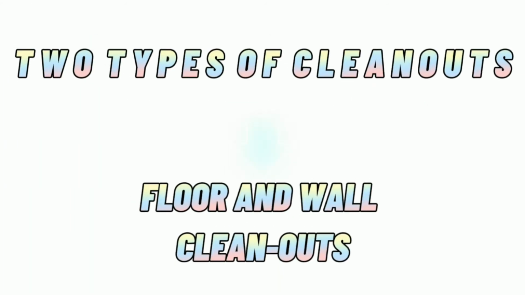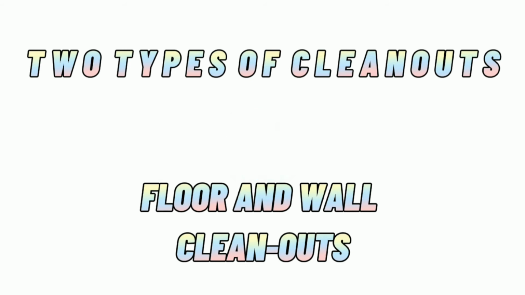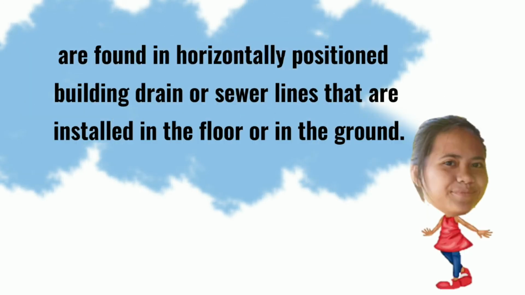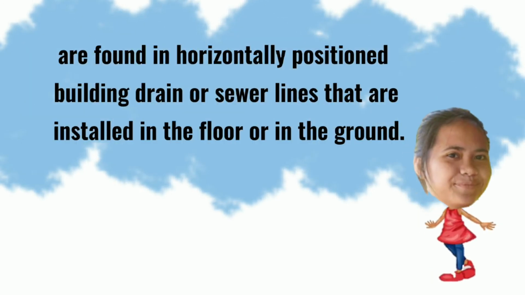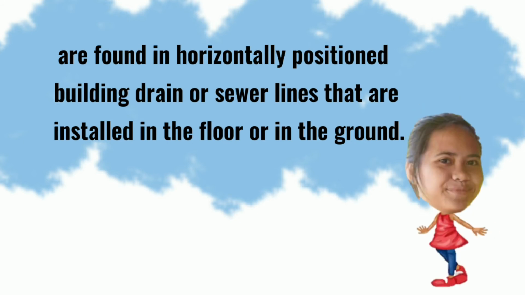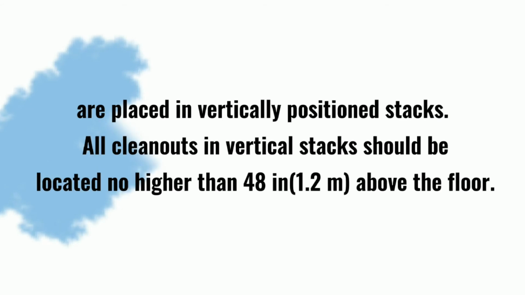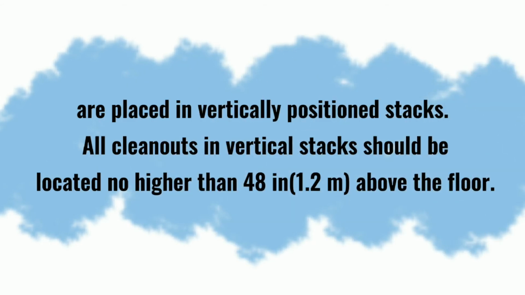There are two types of cleanouts, the floor and wall cleanouts. Floor cleanouts are found in horizontally positioned building drains or sewer lines that are installed in the floor or in the ground. Wall cleanouts are placed in vertically positioned stacks. All cleanouts in vertical stacks should be located no higher than 48 inches above the floor.